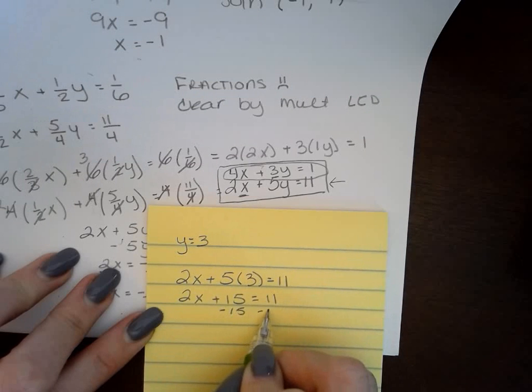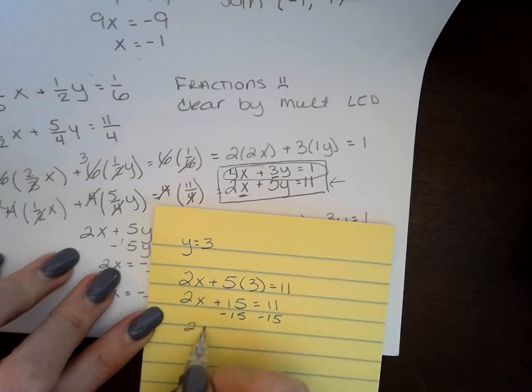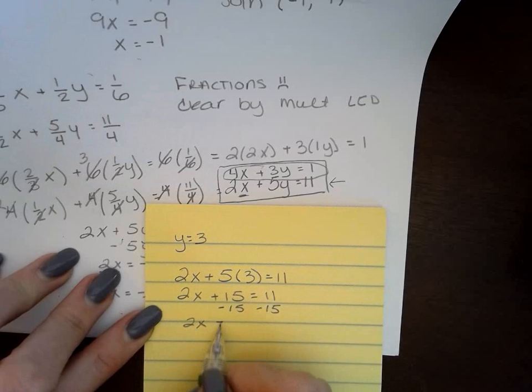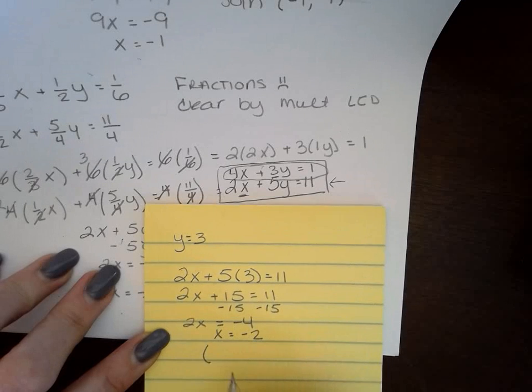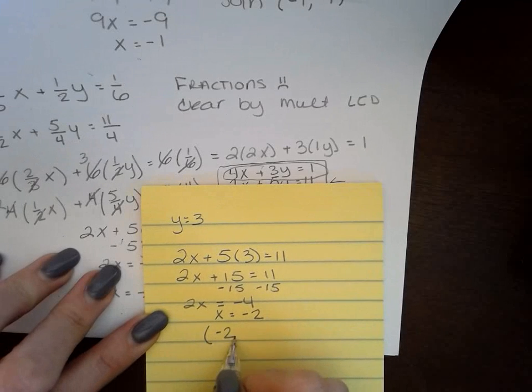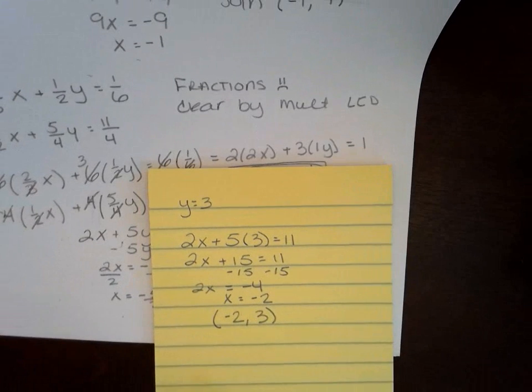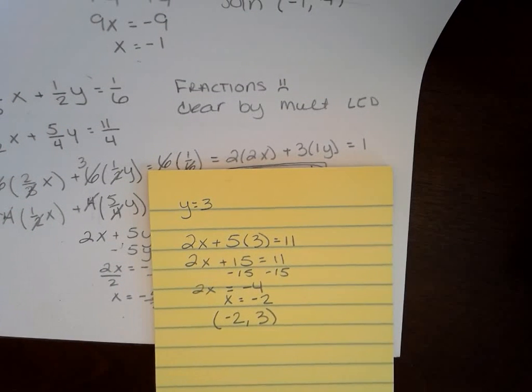Subtract 15 from both sides. 2x is equal to negative 4. X equals negative 2. So the solution to this is negative 2, 3. And that's our solution to our system of two equations.